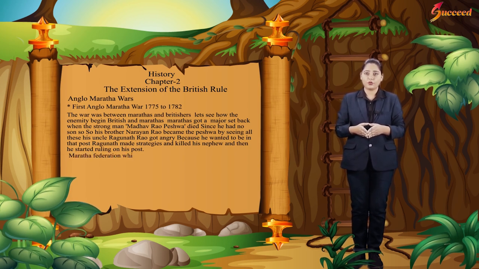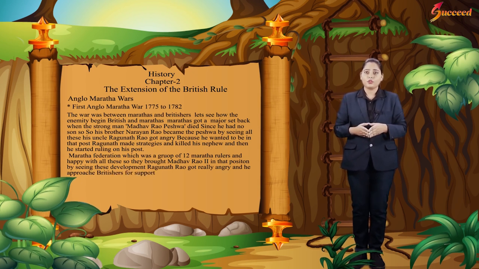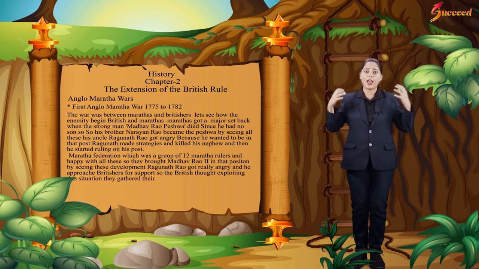The Maratha Federation, a group of 12 Maratha rulers, was not happy with all this. So, they brought Madhav Rao II into that position. Seeing this development, Raghunath got really angry and approached the British for support. So, the British thought of exploiting this situation. They gathered their power and attacked.